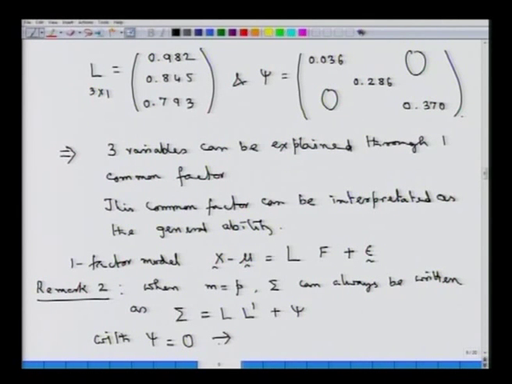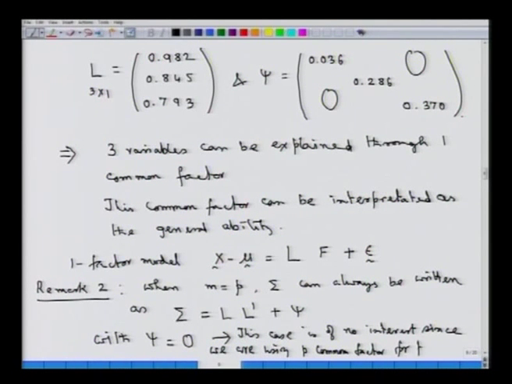So, this case is basically of academic interest, of no interest actually, since we are using p common factors for p variables only.